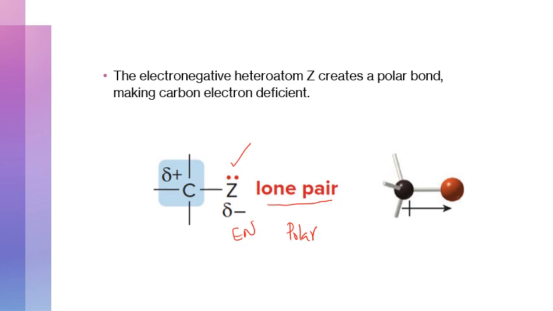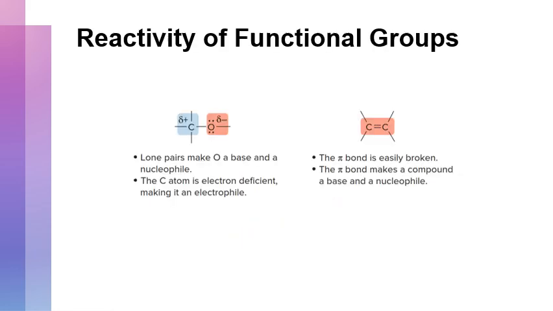The polarity is represented by the dipole moment, with an arrow pointing towards the more electronegative atom and a small line at the beginning of the arrow. These electronegative atoms in the functional group make the molecule polar as well as more reactive. So the reactivity is due to the electronegativity.